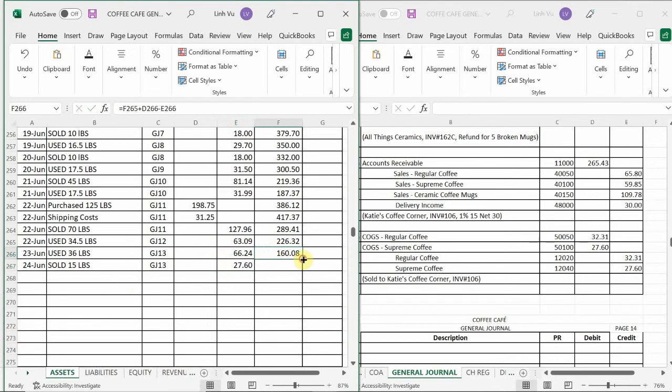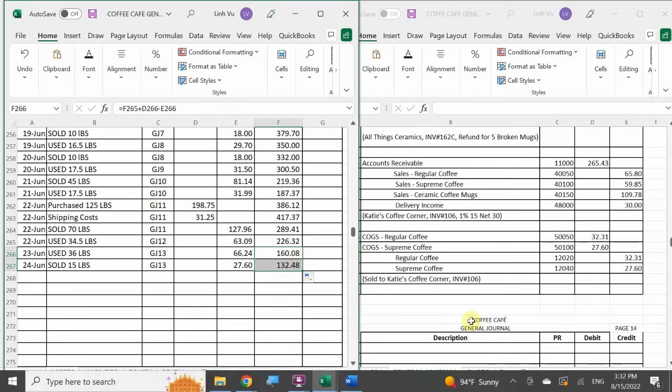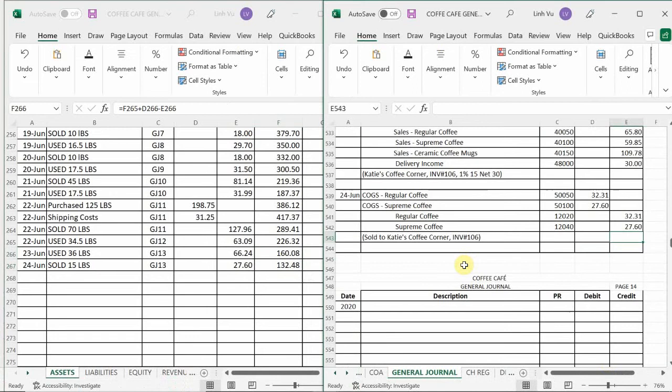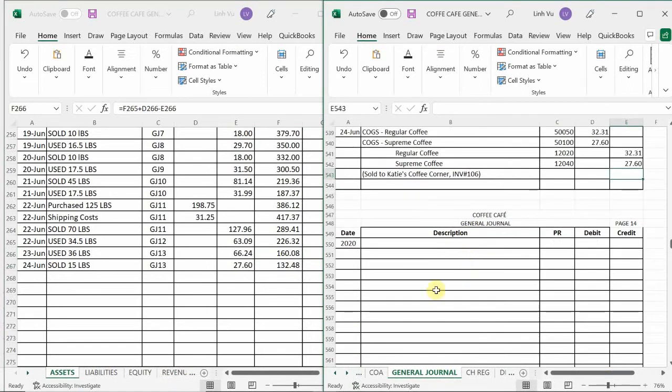Something, 23. 132.48. That was it, I think. Good. And now we're going to start on the new general journal page.